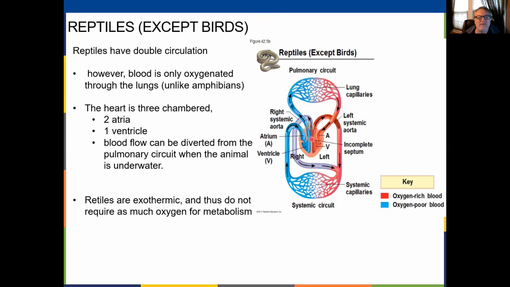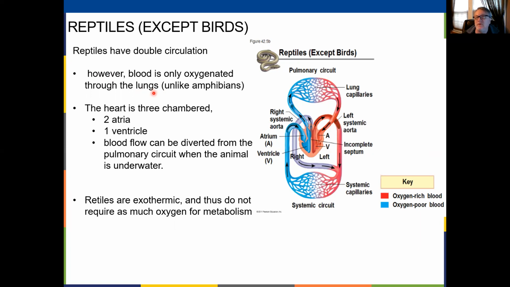And we still have the inefficiency of being able to mix deoxygenated, oxygenated blood in the heart. But for these reptiles, they don't have the ability to breathe through the skin, but they do have the ability to submerge and still circulate blood throughout the body.